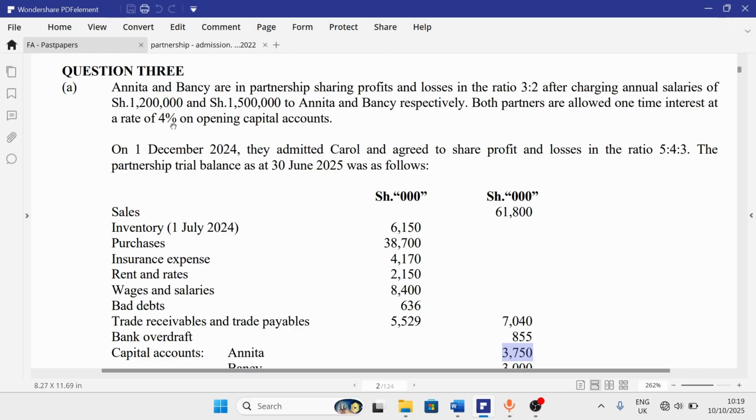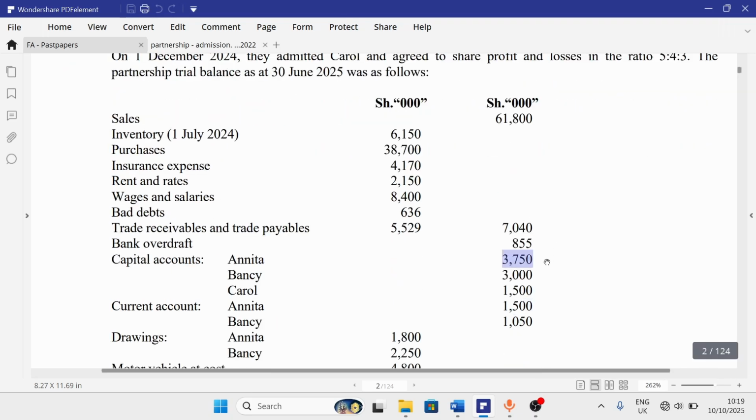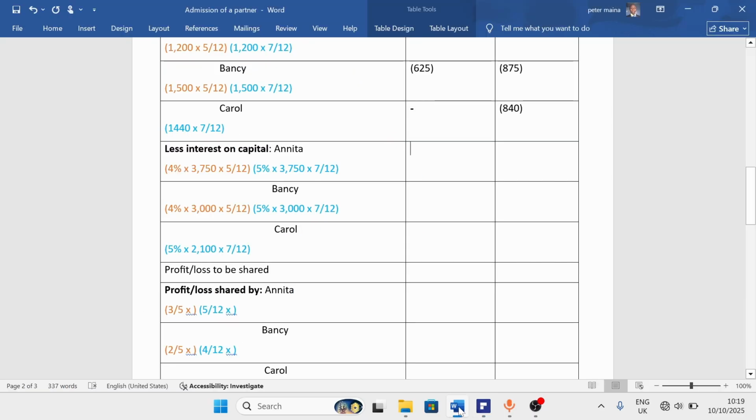So remember, the 4% is the rate they used before admitting Carol. So you are going to take 4%, multiply by 3750, and then we also apportion it for 5 months only. So that is what we are doing here. 4% multiplied by 3750, and then we take interest for just 5 months.